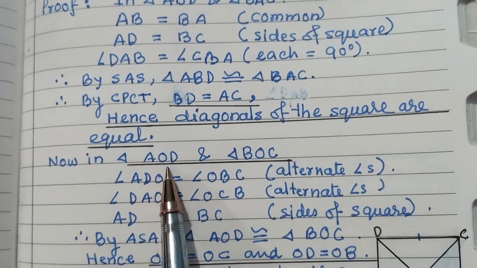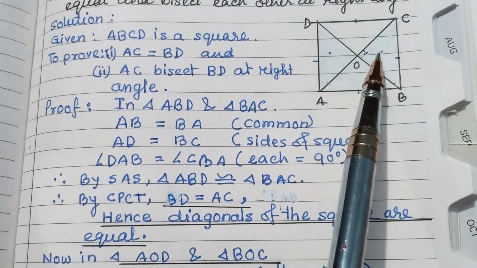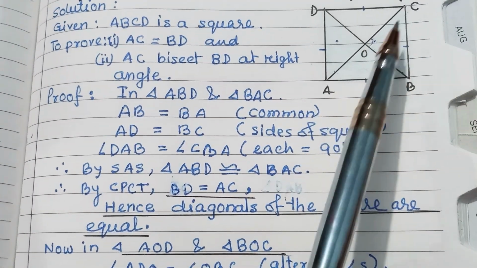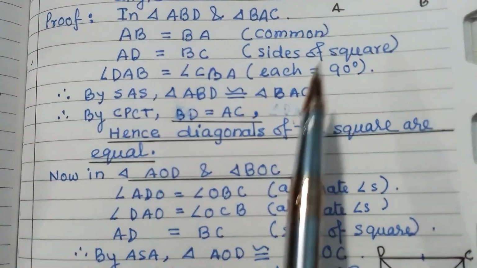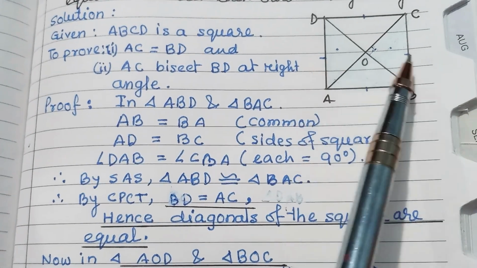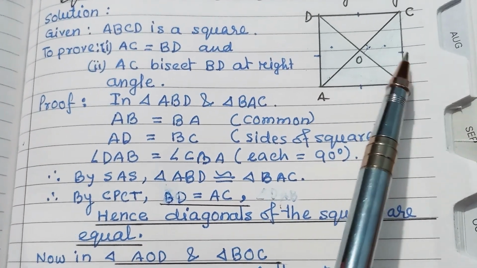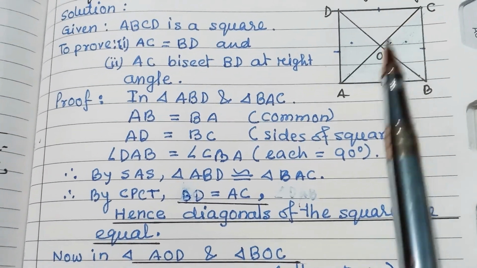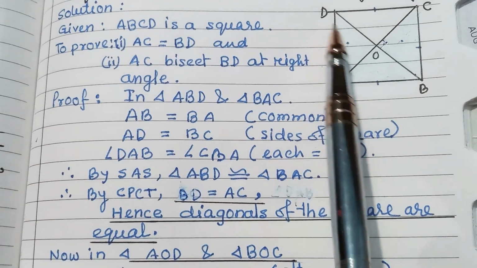Now next, triangles AOD and BOC, these two triangles. Now first check it. Here AD is equal to BC. These two sides are equal. And check it here. It is alternate angle. This angle equals this angle and this angle equals this angle.